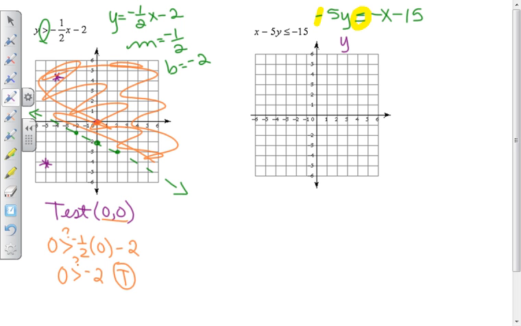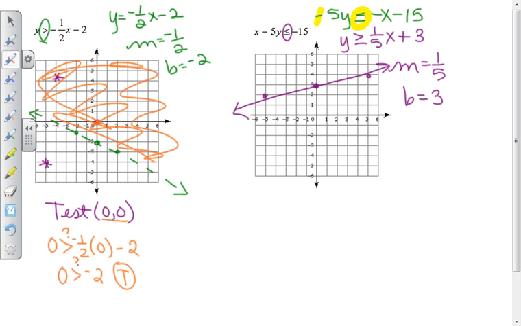So I have y is greater than or equal to positive 1/5 x plus 3. So my slope is 1/5. My y-intercept is 3. I can go down 1, left 1, 2, 3, 4, 5, or I can go up 1, right 1, 2, 3, 4, 5. This is a less than or equal to, so it is a solid line.